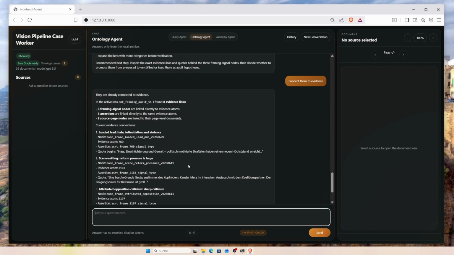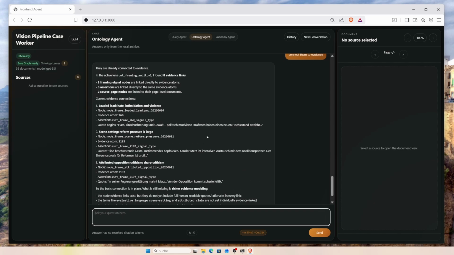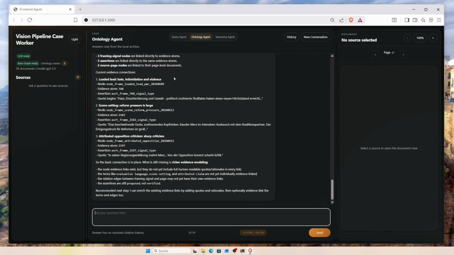So this was considerably faster. He took the evidence links and connected them to the nodes within the evidence graph. And now you can go back to the query agent if you want and ask it about those things.